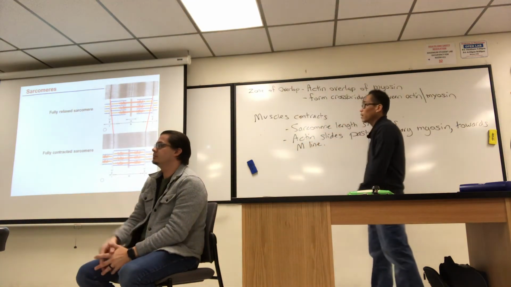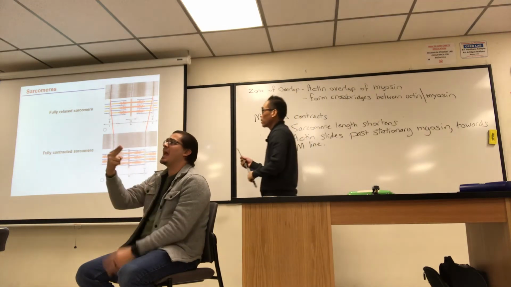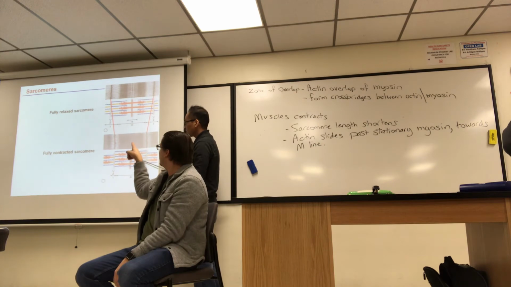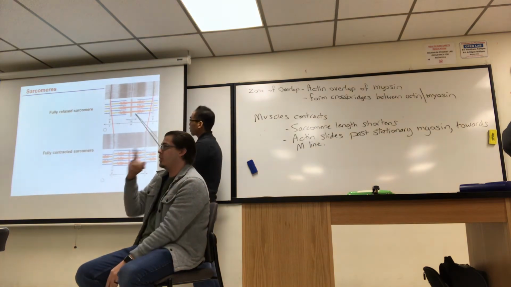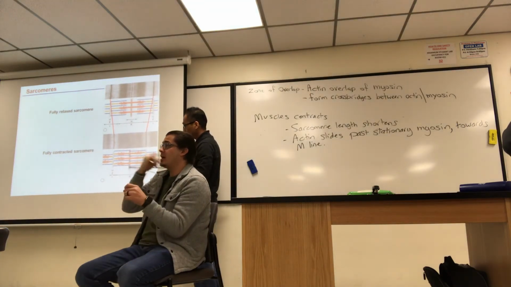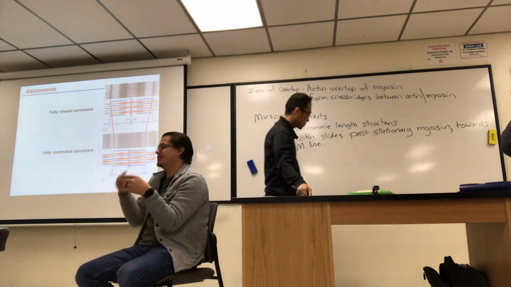Now here's the thing. What's happening to the H zone? It basically shrinks. It's gone. There's no H zone here, because the H zone is where you only had myosin. But when it's fully contracted, it's gone. So I'll just say H zone shrinks.